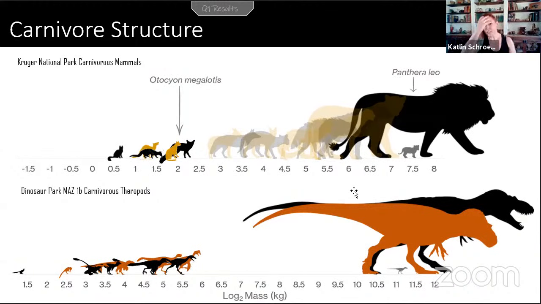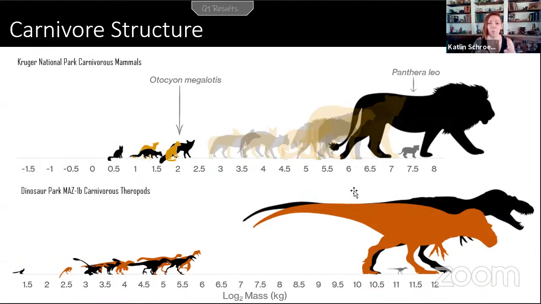So clearly, there's something going on here. This is a significant gap. It certainly can't be explained by size bias in the fossil record because it is above what we find as the bias in most instances.